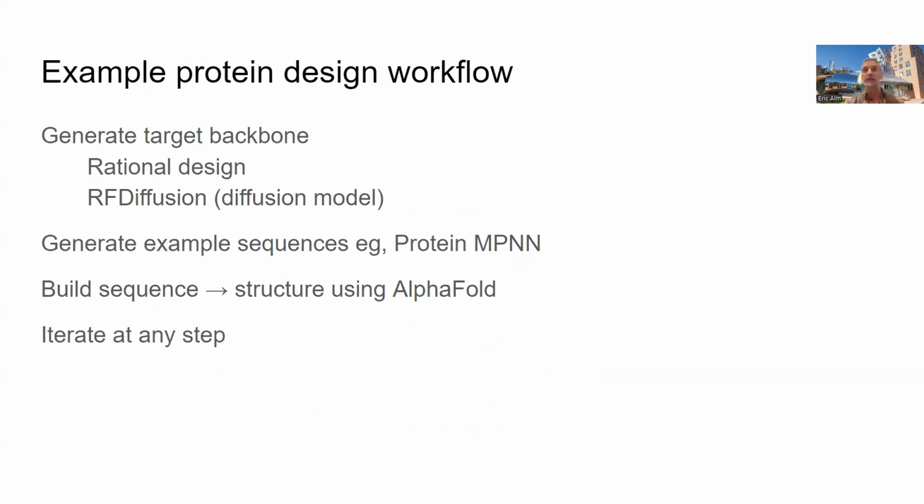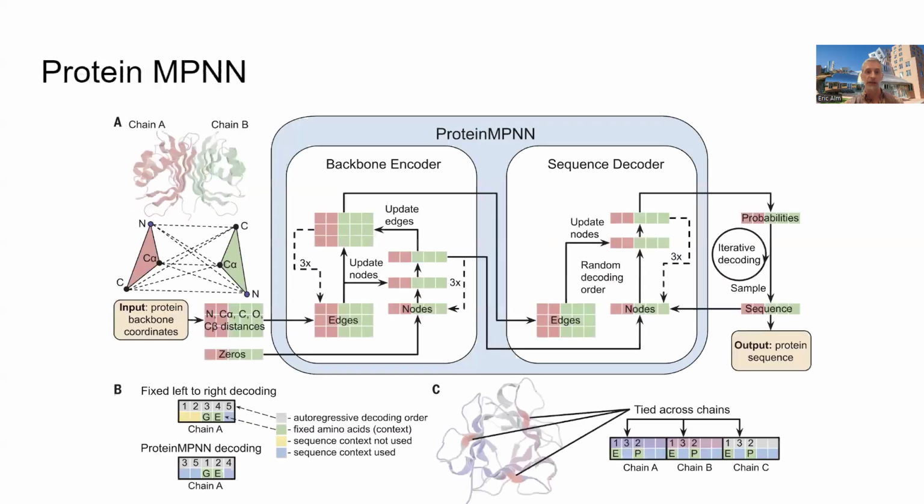It gives us some ideas for what a protein structure might look like. ProteinMPNN is worth talking about, although we won't have time to get into it today. But basically, it has a structure that we're going to see again and again, and is repeated in transformers, where we have an encoder and we have a decoder.